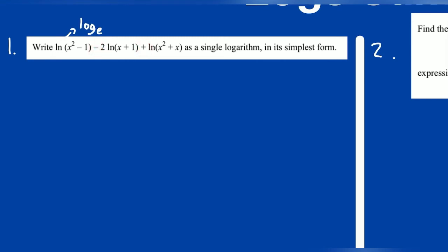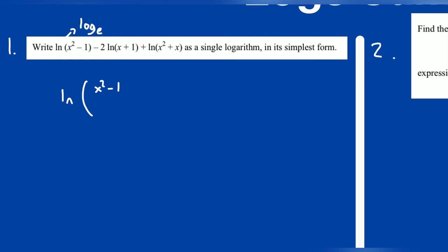So let's start. So ln, we have to write it as one single logarithm, right? So you have x squared minus 1, that's the first one, and this is minus 2 ln x plus 1. If you guys remember, we can bring the 2 here as a power.